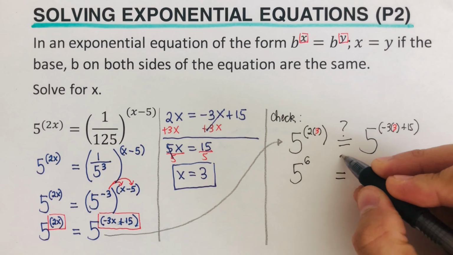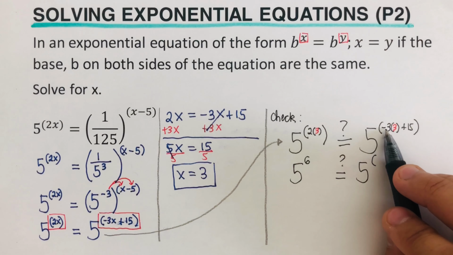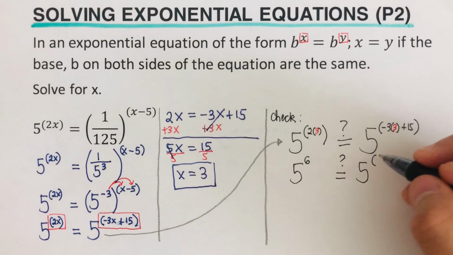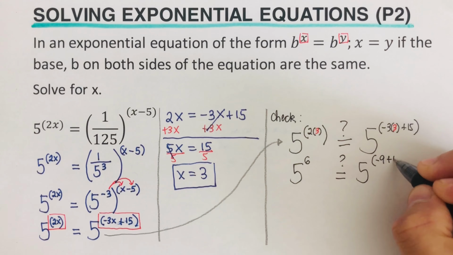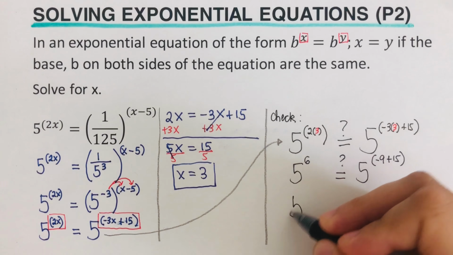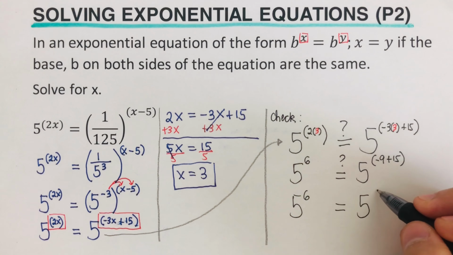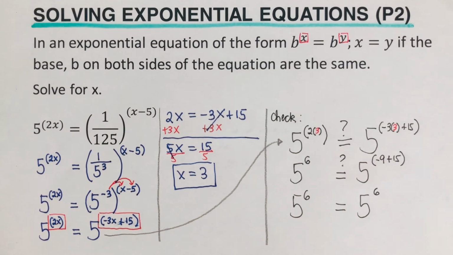Is that equal to 5 to the power negative 3 times 3, which is negative 9, plus 15? So negative 9 plus 15 is 6. So 5 to the 6 is actually equal to 5 to the power of 6. So we got both sides equal to each other.